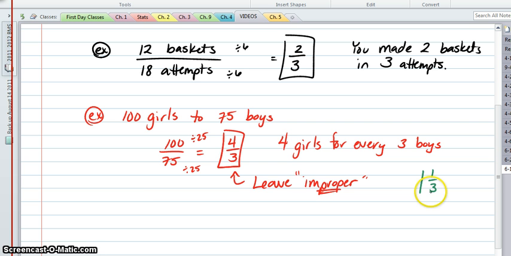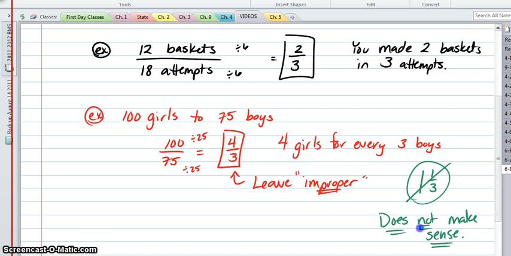I can't change it to 1 1/3 because what does that mean? Do I have 1 girl and 1/3 of a boy? Do I have 1 girl and 3 boys? It stops making sense. So this does not make sense anymore. That's why you need to just compare one quantity to another, even if the fraction looks improper. Okay, you just need to leave it in that regard.